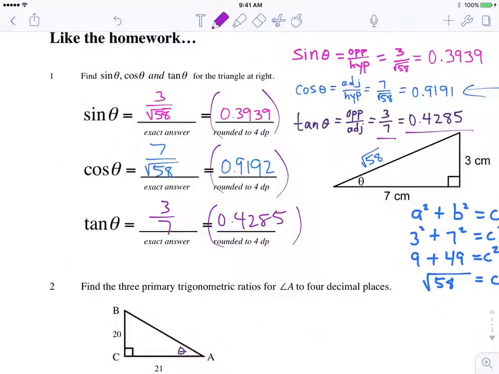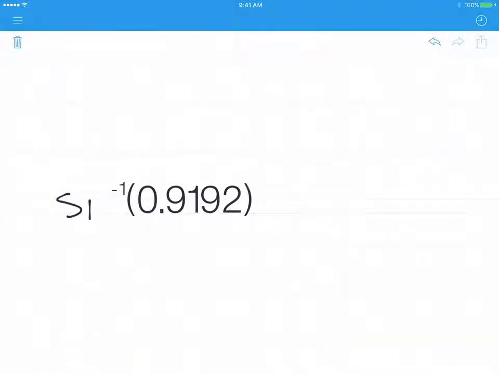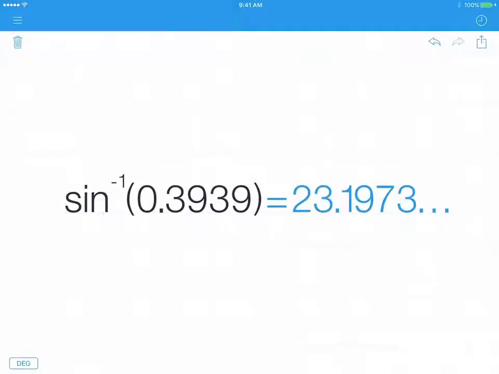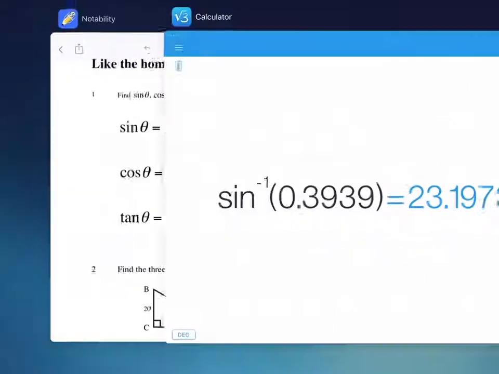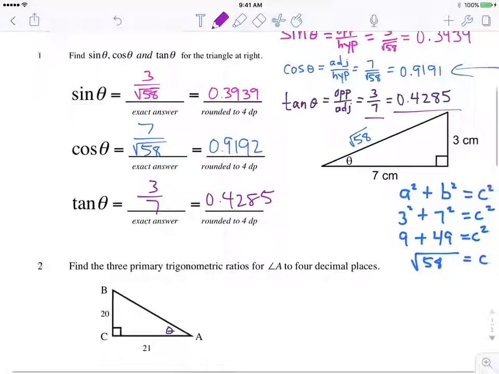And then sine inverse of 0.3939, you get the same angle, 23 degrees. So the three primary trigonometric ratios all come up with the same angle, and we should come up with the same angle because we're talking about the same angle. So no matter which ratio you use, you should get the same angle measure.